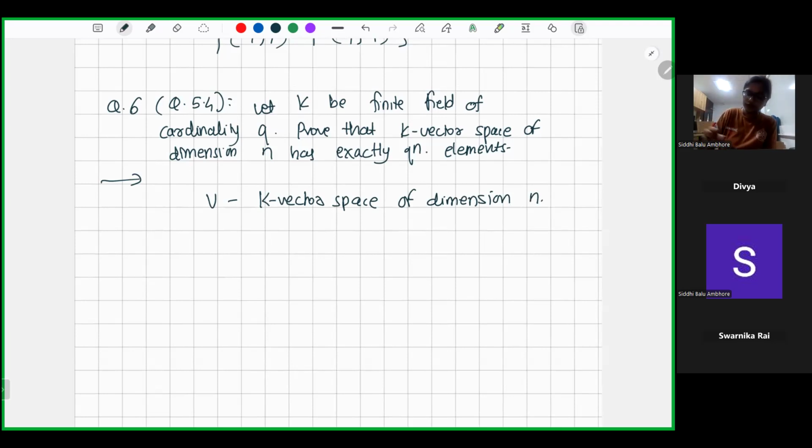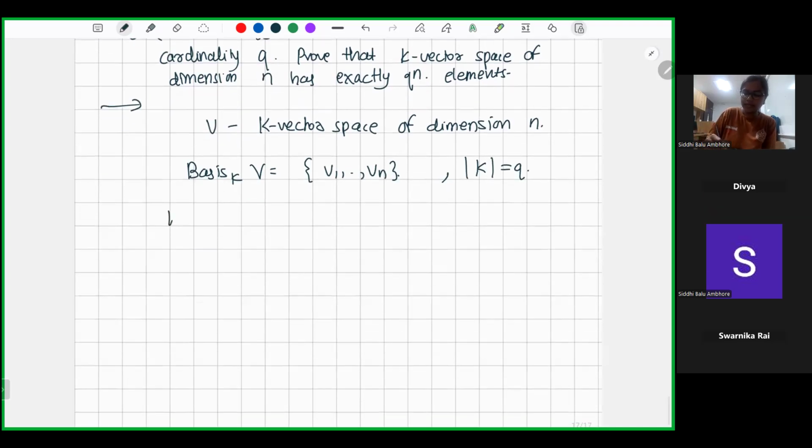Suppose a basis of V be v1 to vn, and we have the cardinality of K as Q, right?